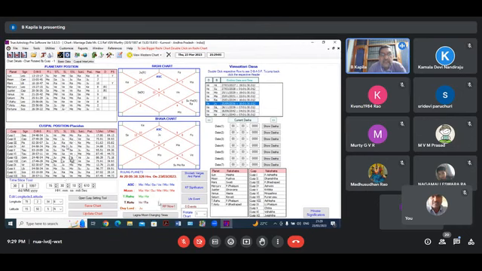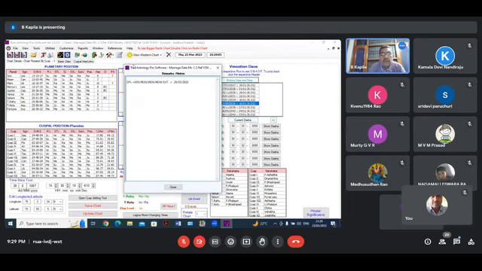Now the first point is that here the Bhukti lords can be Jupiter, Mercury, Moon.